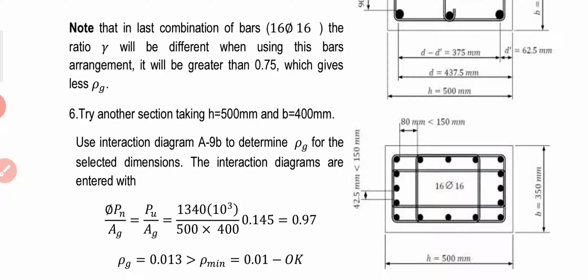So we can put Pu value and Ag, which is B into H. We can take here B equal to 400. So we put the value 400, which is 500 into 400. We can get Pu upon Ag ratio equal to 0.97. So we can get Pg equal to 0.013, which is greater than P minimum, which is 0.01. Hence okay.